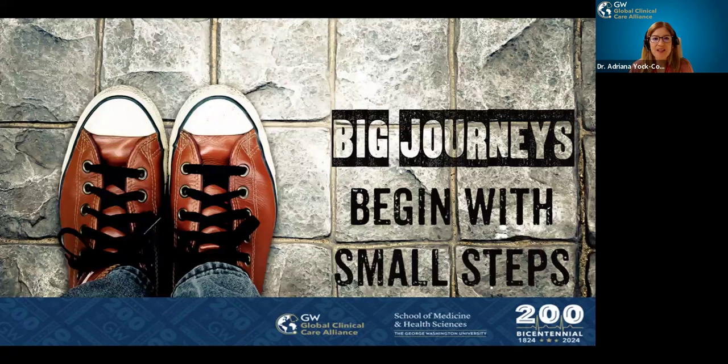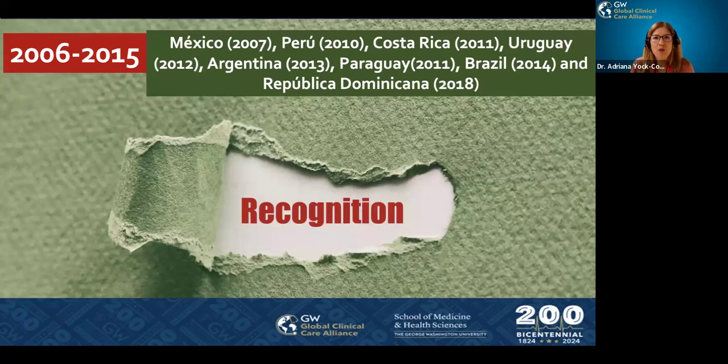Next slide, please. And when we talk about when pediatric emergency medicine was recognized for the first time in Latin America, it was actually in Mexico in 2007, when one of the pediatricians there went to the United States to do his pediatric emergency medicine fellowship. Then it follows Peru, Costa Rica, after I arrived from Melbourne, Australia, and Uruguay, Argentina, and Paraguay, which recognized the specialty after they knew they had to develop a fellowship.